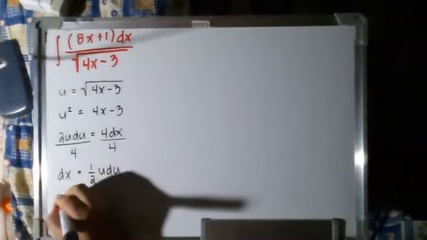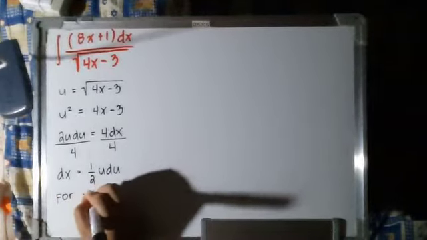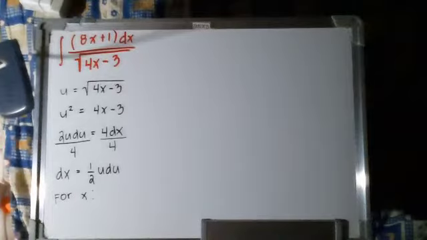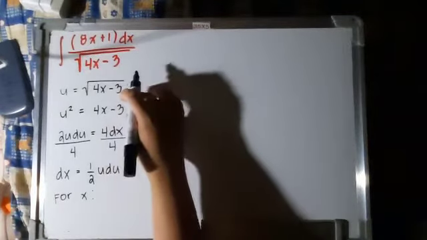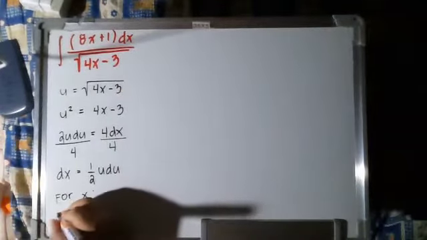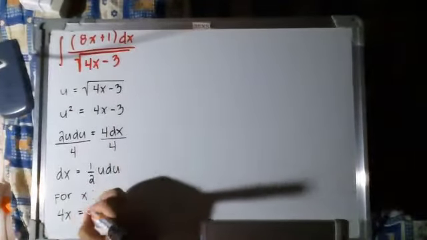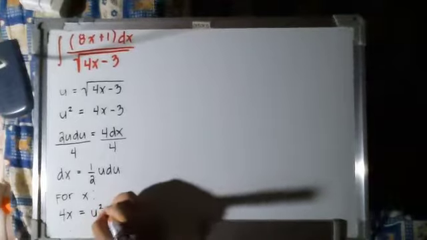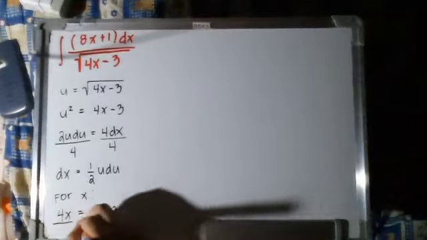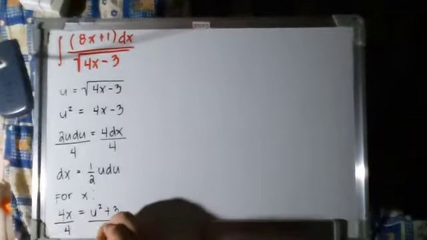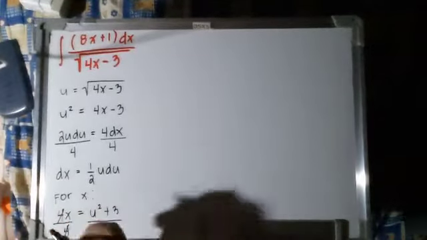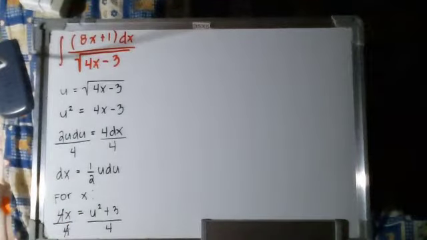So, for x, the value of x will be, so ito diba? So, magiging 4x is equal to, transpose lang natin si 3 doon, u squared plus 3. Then, divide both sides by 4. So, meaning to say, the value of x will be u squared plus 3 over 4.